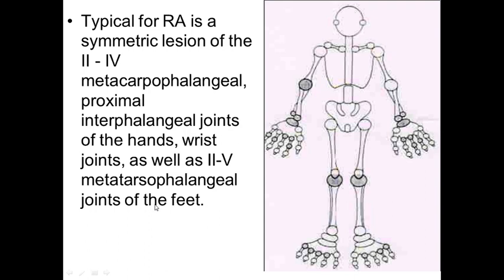And typical for rheumatoid arthritis is a symmetrical lesion of the second to fourth metacarpophalangeal and proximal interphalangeal joints of the hands and wrist joints, as well as the second to fifth metatarsophalangeal joints of the feet.